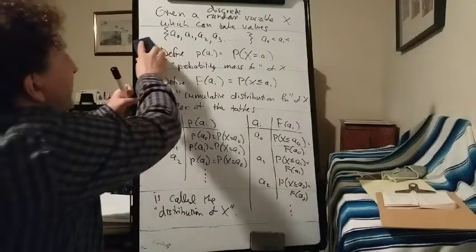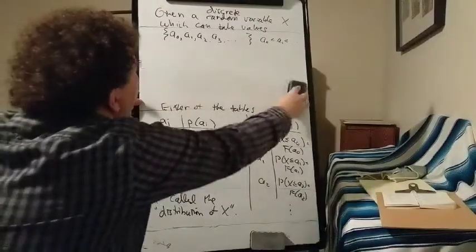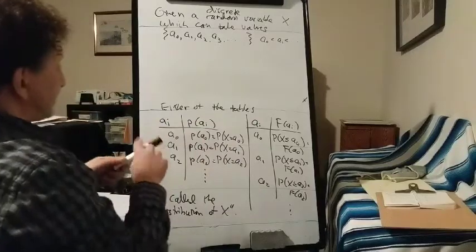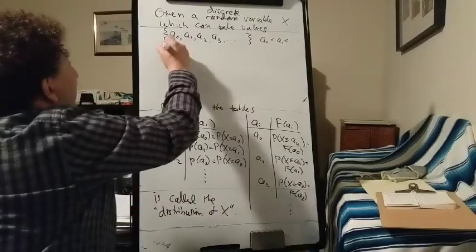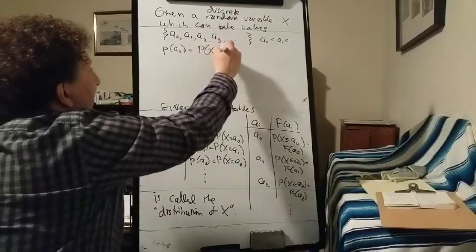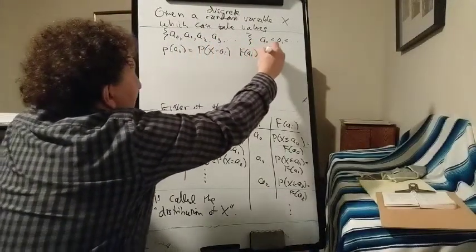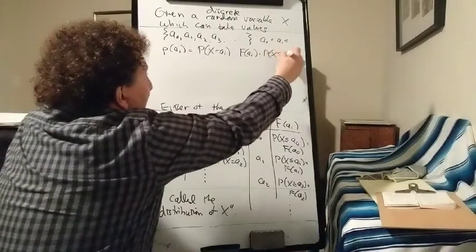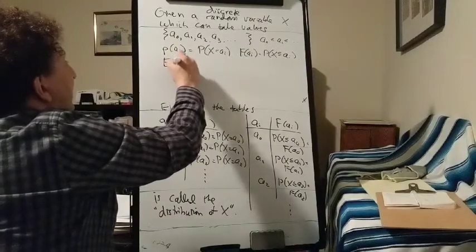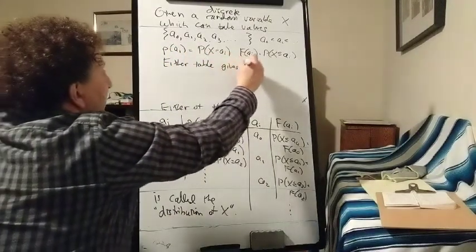So let me rewrite this notation more briefly so I can have a little bit of space. So little p of ai is the probability that X equals ai. Capital F of ai is the probability that X is less than or equal to ai. So I claim that either table gives the other.